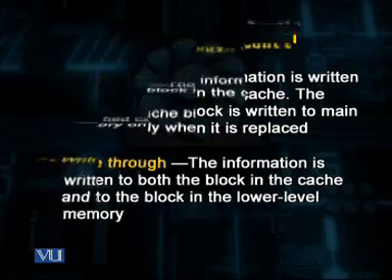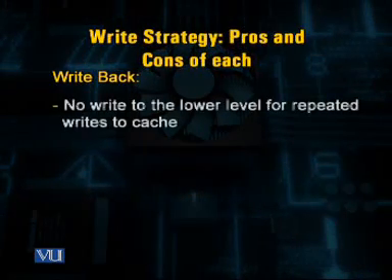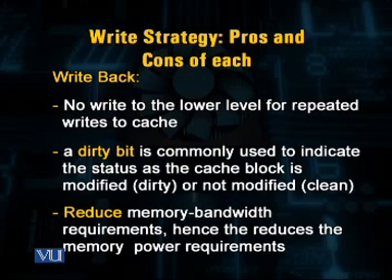So let us discuss the pros and cons of the write back as well as the write through policies. In case of write back, no write to the lower level for repeated writes to the cache is done. Furthermore, the write back policy reduces the memory bandwidth requirement. Therefore, ultimately, it reduces the memory power requirement.